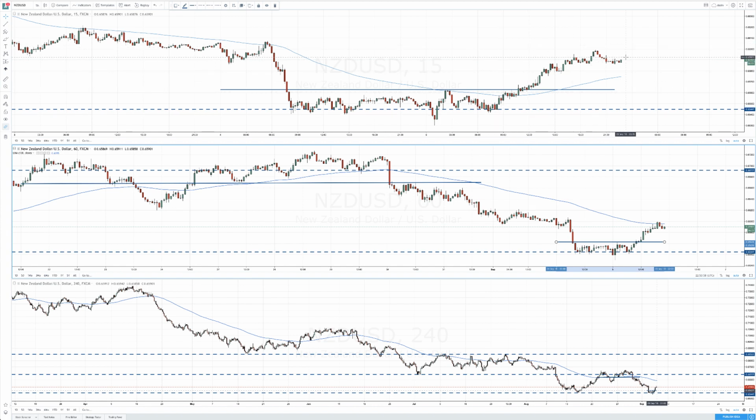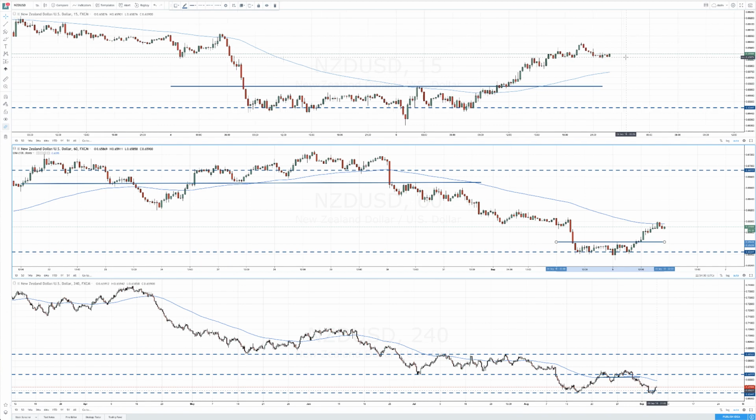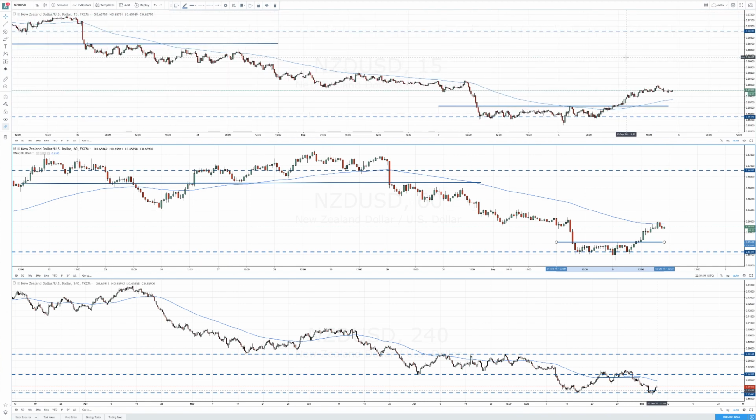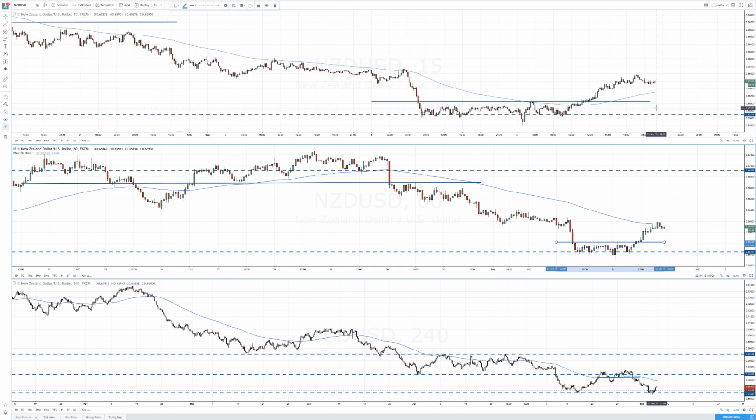Now, how do I want to play this in the coming days? Well, it's clear that the market is weighted to the downside, but could we see some sort of a break up towards this resistance here or a bit more of a pullback? That's certainly something that I would entertain.